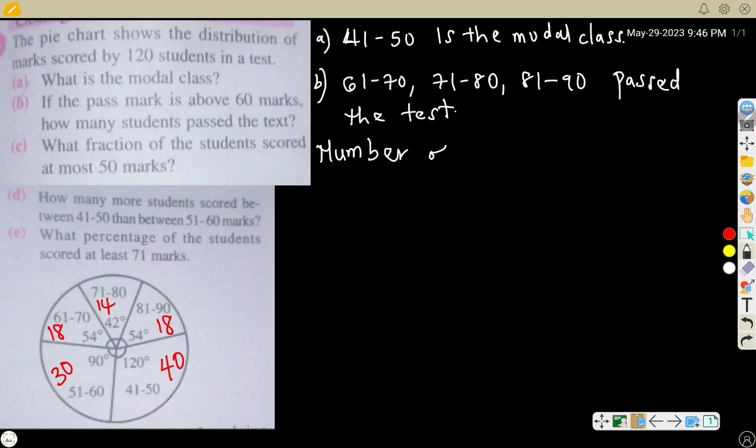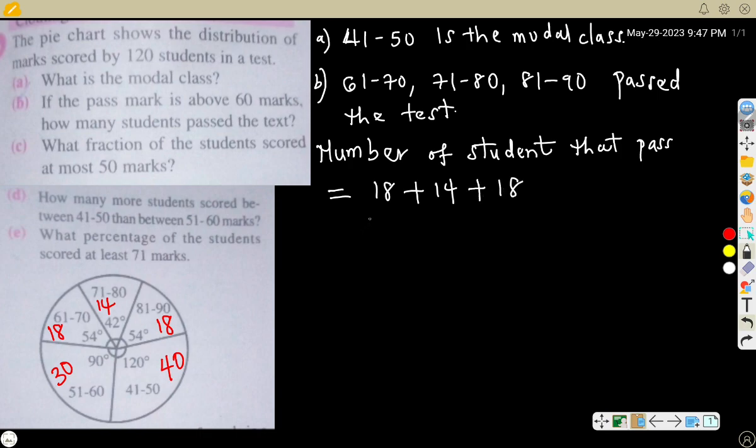So number of students that pass is equal to 18, that is 61 to 70, plus 14, that is 71 to 80, then plus 18 again, that is 81 to 90.